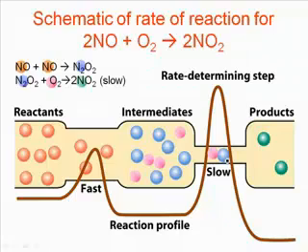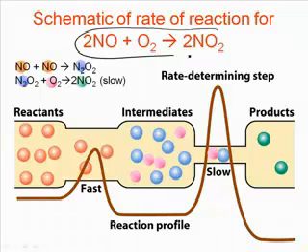And also, if we experimentally determined the rate for this overall reaction, we would expect that if I wrote the rate law for the slow step, it would match up to the experimentally determined rate law. There is a handout.